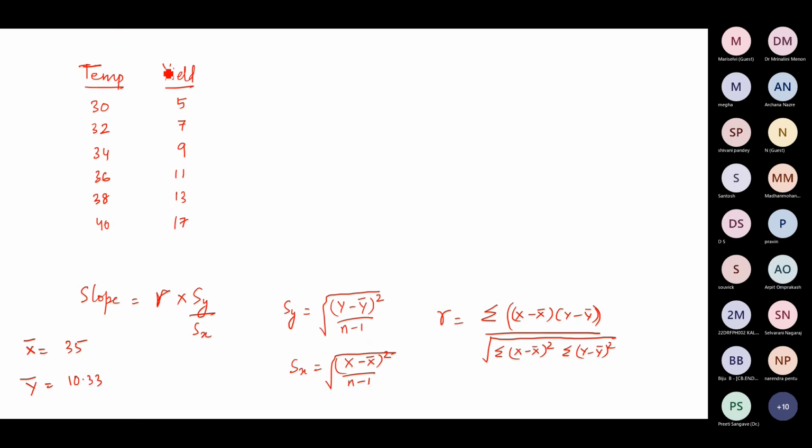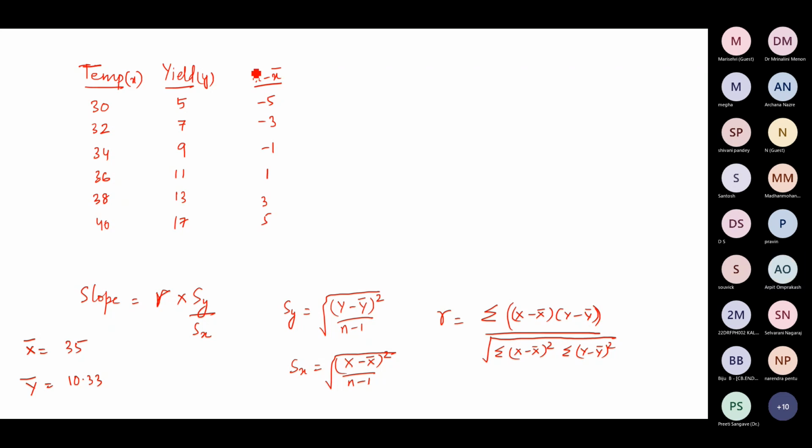This is our X. This is our Y. Then we need to calculate X minus X bar. X bar is the mean. So 30 minus 35, this is minus 5. Then 32 minus 35, this is minus 3. 34 minus 35 is minus 1, then 1, 3, 5.